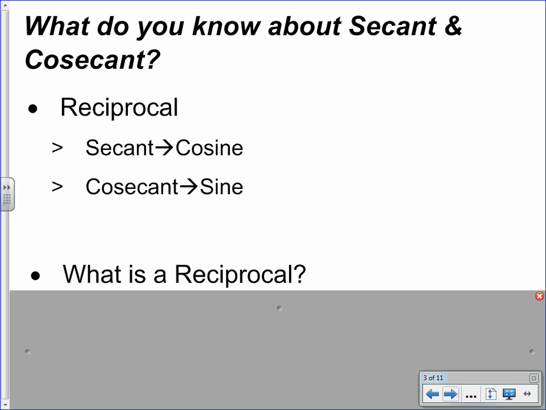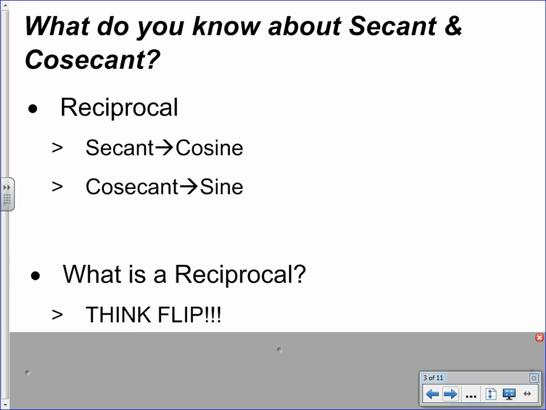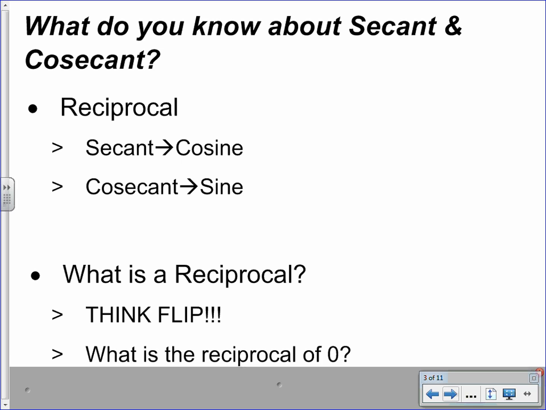Like to flip the top answer and put it in the bottom and the bottom to the top. Okay, so a fraction would be flipped. Yes. Okay. Some of you I overheard 1 over that number. Same thing. Okay. What's going to happen if we try to take the reciprocal of 0? Undefined. What would that look like graphically if we have an undefined value?